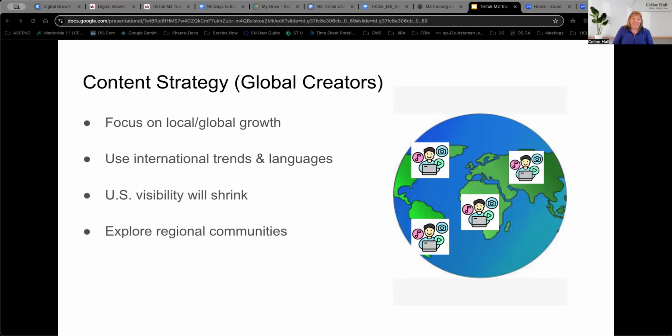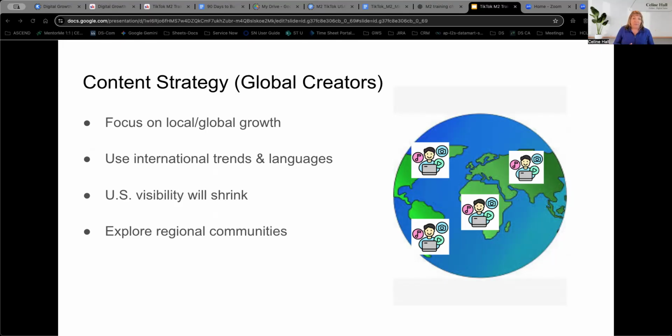All right. Number two, we'll need to play to global trends. The global TikTok will still thrive on cross-border virality, especially for Asia and Europe. Okay. Number three, multilingual content.